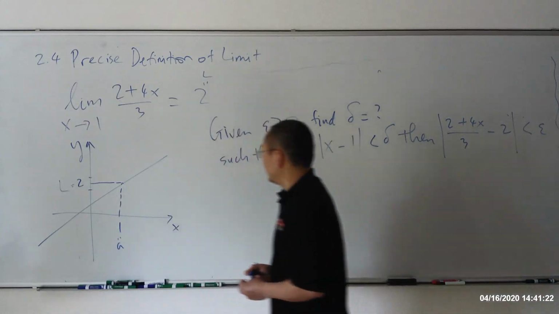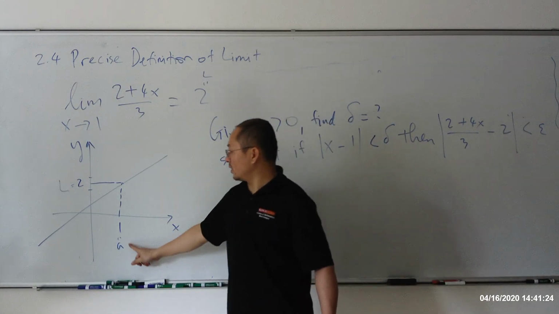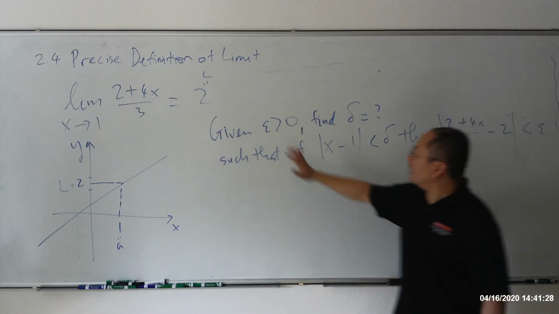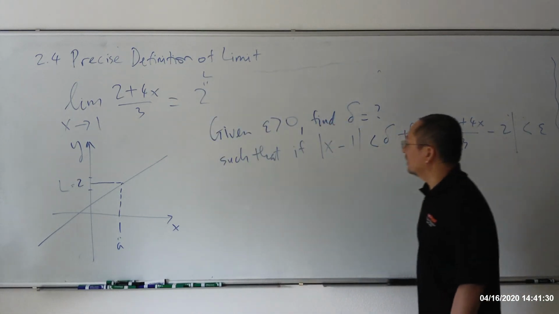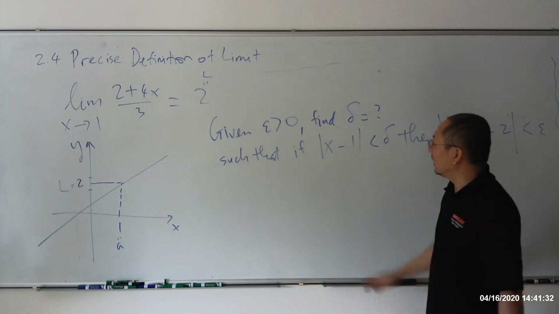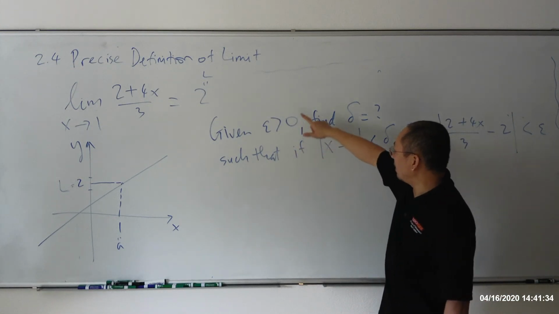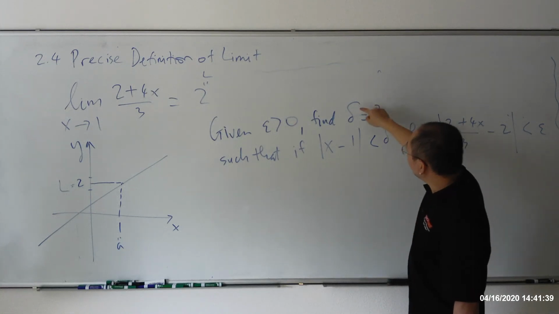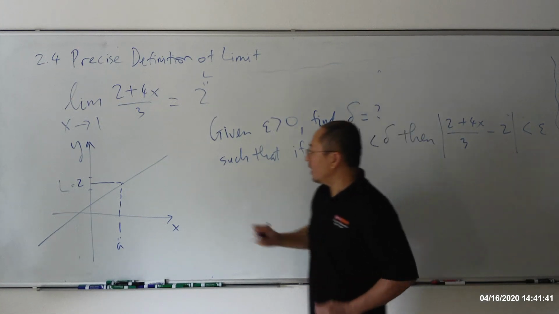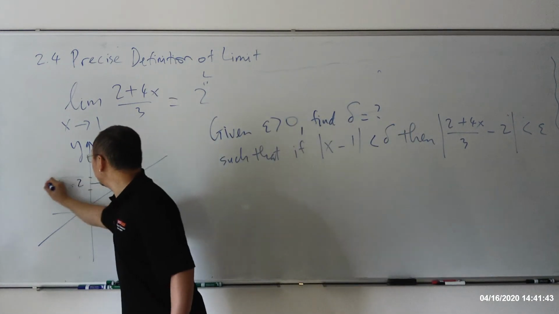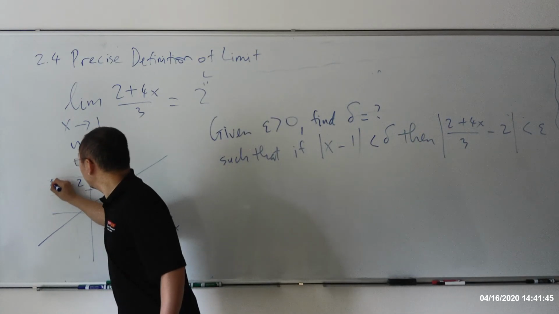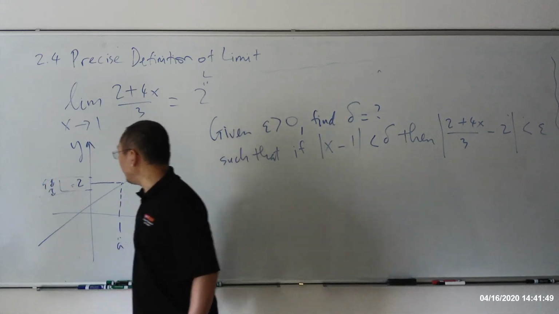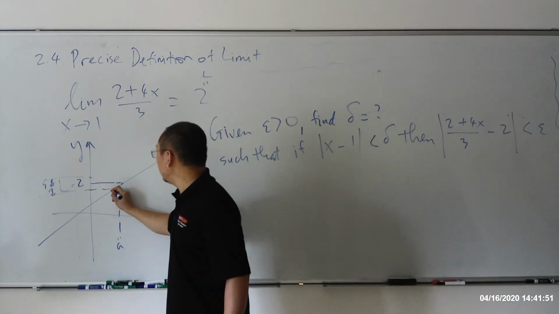Now that works with x close to a and f of x close to L. We're going to prove that the limit equals 2 using the limit definition. And the definition says what? Whenever you are given an epsilon positive, your job is to find delta positive, whatever epsilon they give you. Doesn't matter how big or how small that epsilon is, you can always find the value of delta.